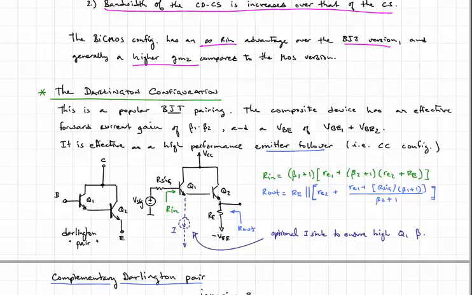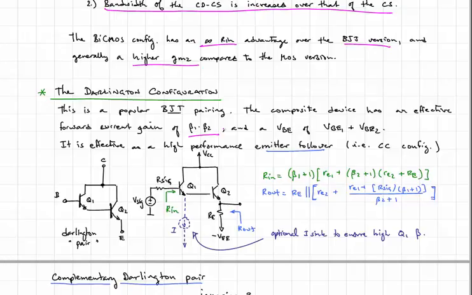And connecting two transistors together as seen here, where the emitter of the first one feeds the base of the second, produces a composite device that behaves like a single transistor but has a forward current gain of beta 1 times beta 2. So you have much higher current gain. The drawback is that the effective V_BE of this composite device is now approximately 1.4 volts as opposed to 0.7.